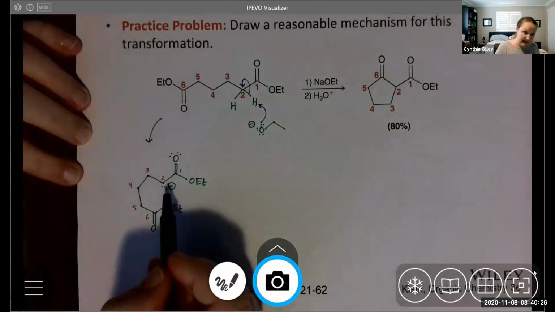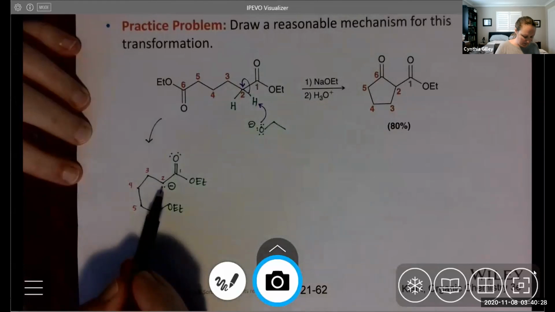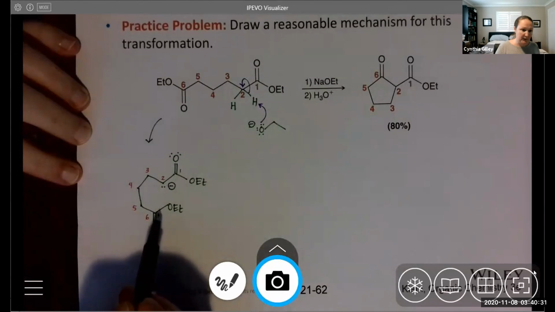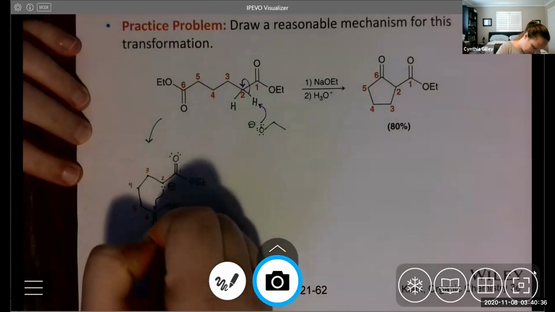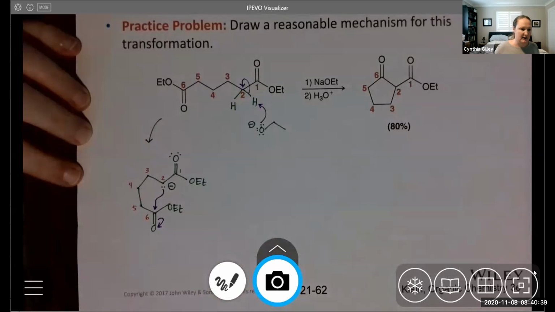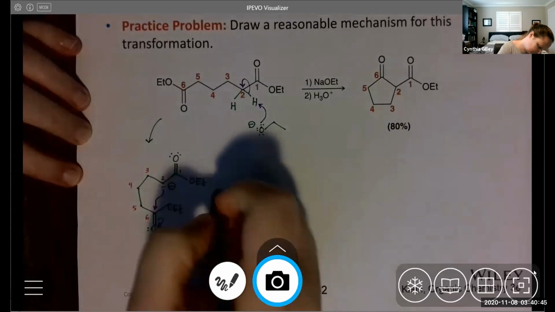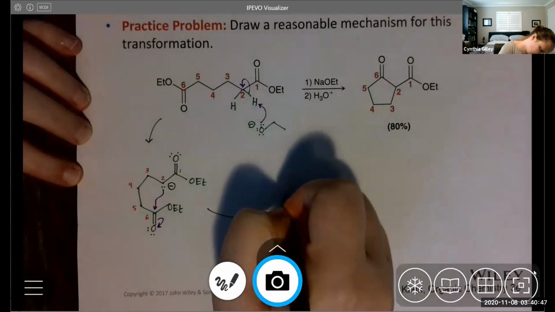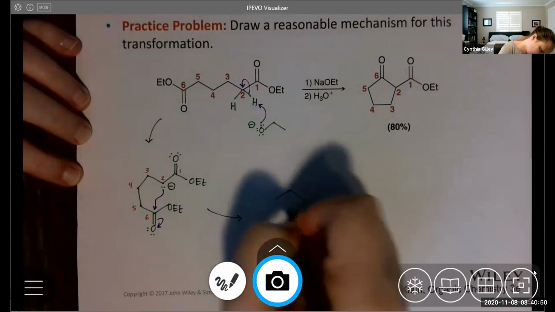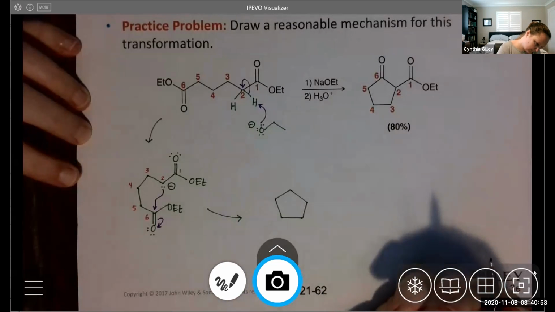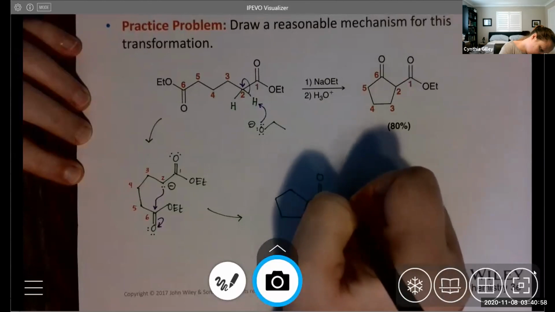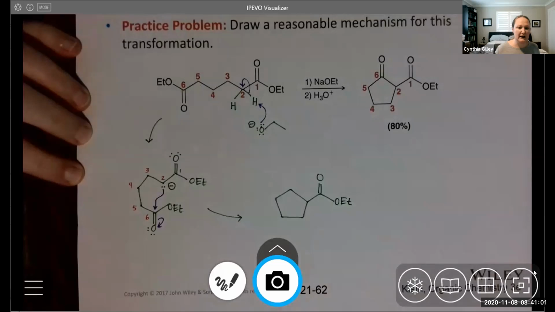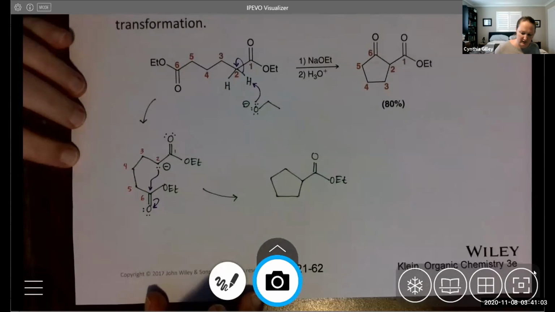So now that we have the enolate, which is our nucleophile, we can do a nucleophilic attack on the carbonyl carbon of the other ester. And make sure to show that resonance arrow, moving electrons up to the oxygen. At any point, you can add in your labels.